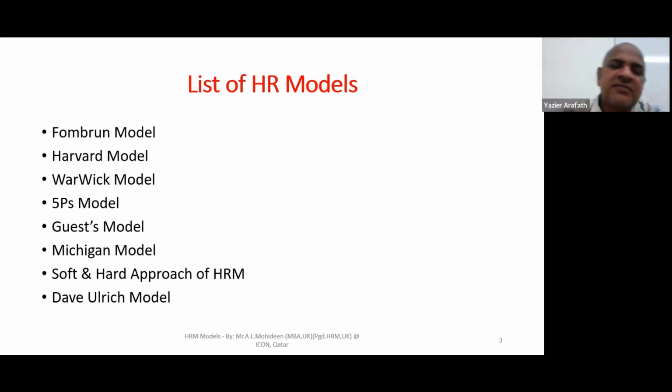Anything to ask here? Any questions? Clear? Shall we discuss one by one? Have you understood what HR models are about and why we need them? Any questions?